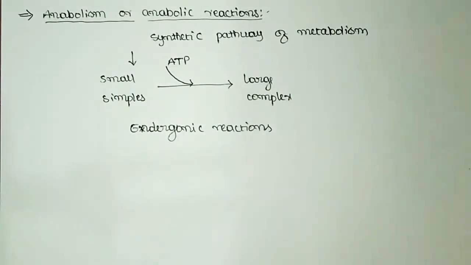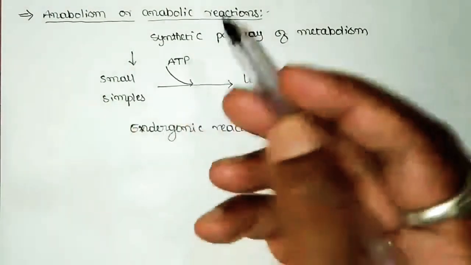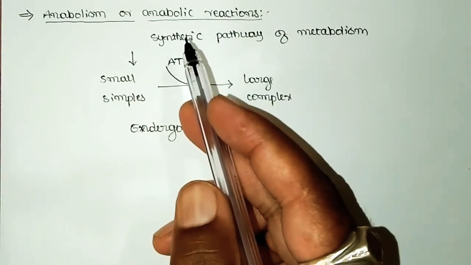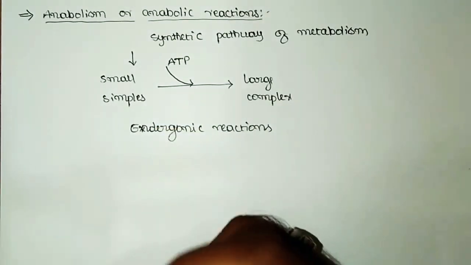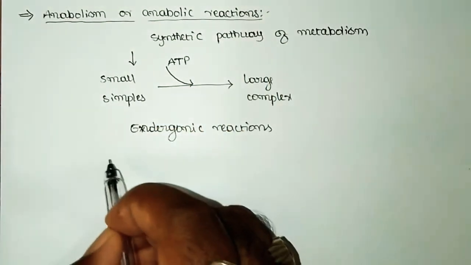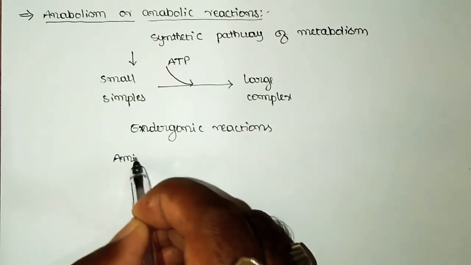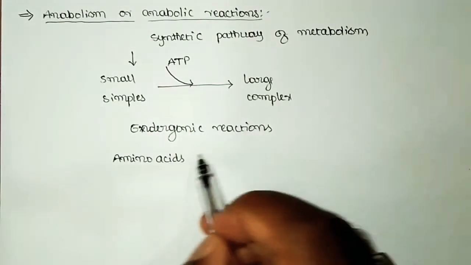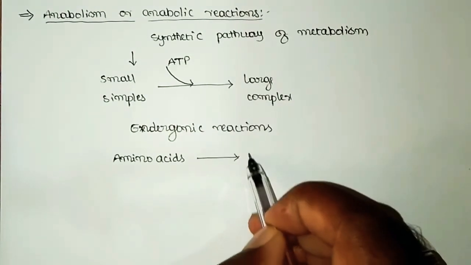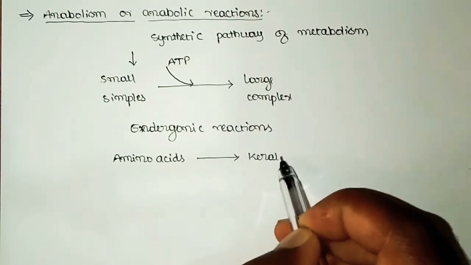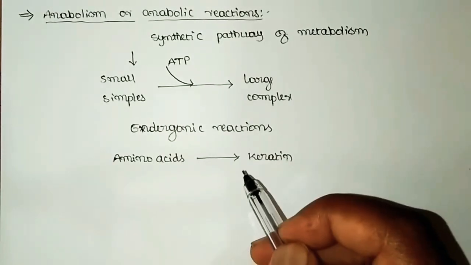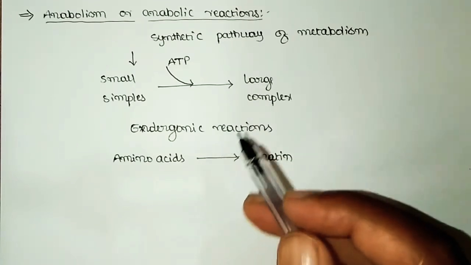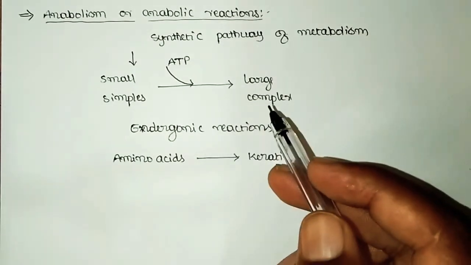We can give some simple examples for these anabolic reactions. For example, from the protein components of the foodstuff, amino acids will be produced, and in the body the amino acids will be arranged in a specific sequence, which will result in the production of a protein such as keratin. Keratin is very much required for the maintenance of nails, hair, and so on.